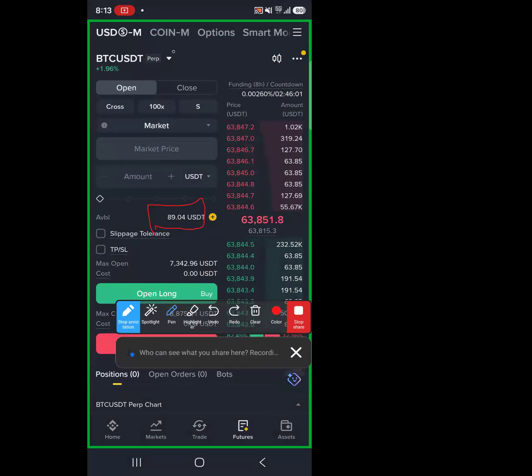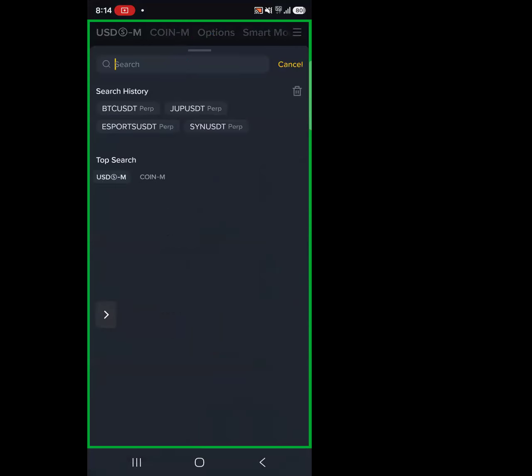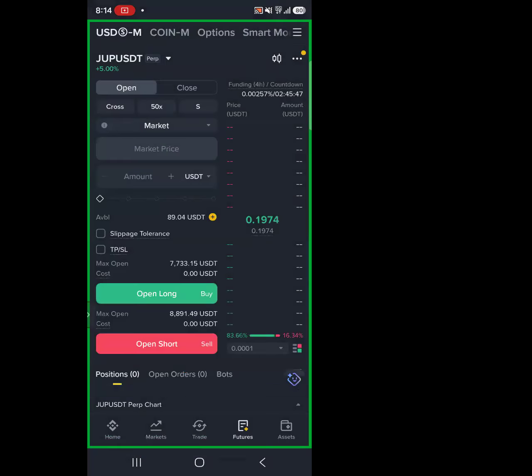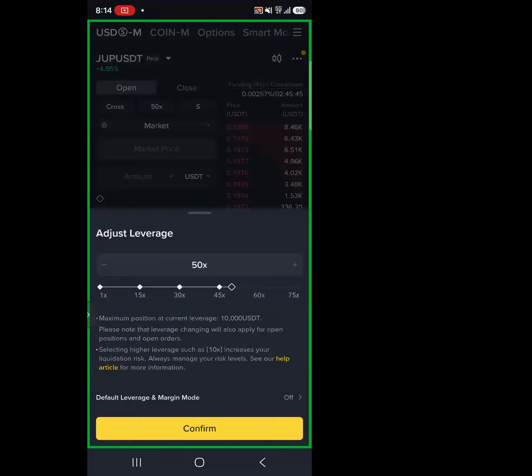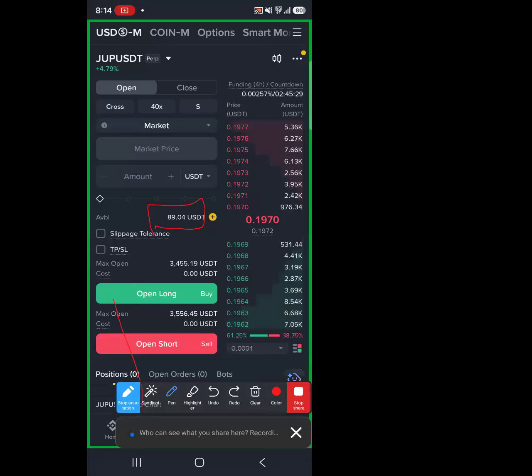So let's assume we want to go for the very one we're trading, Jupe. Let's now choose Jupe coin, and it is a 40x. Let's adjust to 40x, right? So that is that 40x.